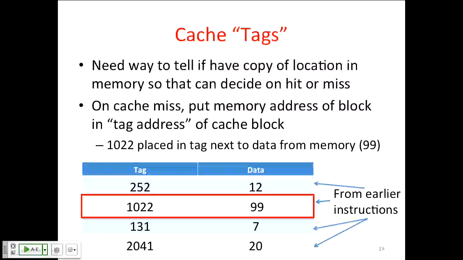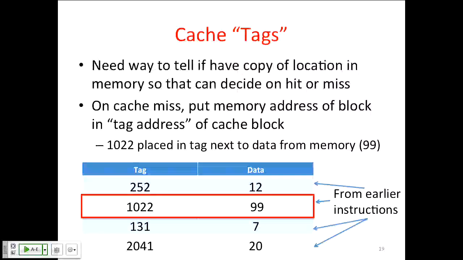Location 47 is address 47. But the cache is much smaller than main memory, and it can hold anything from anywhere in main memory. The cache may have, say, 8 locations, but any of those 8 locations may hold any address from anywhere in memory. So you need a separate tag on each of those data items that says which address it came from, right?